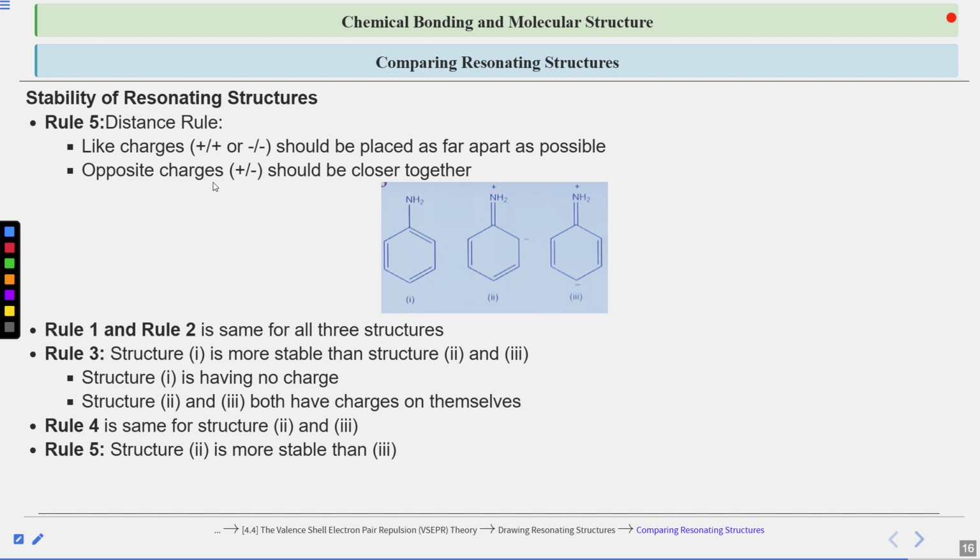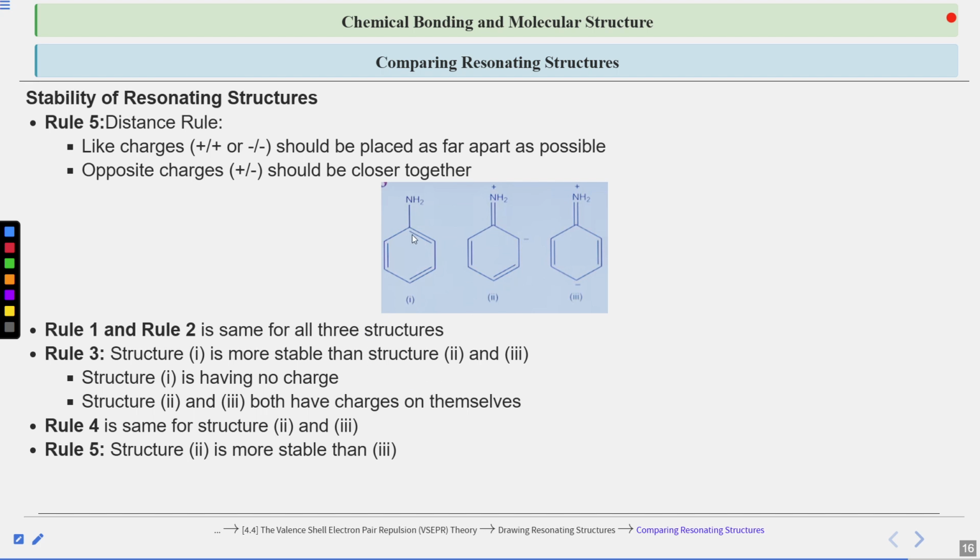The rule says that the opposite charges should be closer to each other. If you look at the second and third species, they have opposite charges, positive and negative, in the second structure, and the third structure also has positive and negative. But in the second structure, the positive and negative charges are closer to each other. The fifth rule says that when the opposite charges are closer to each other, the structure will be more stable.